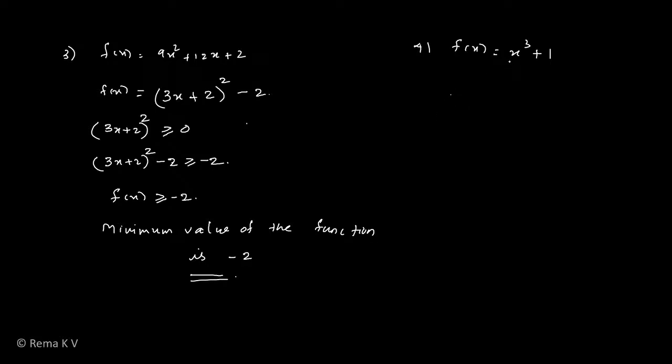And if we consider x as a positive number, then the value of f of x tends to positive infinity. If x is taken as a negative number, the value of f of x tends to negative infinity. And if we consider larger positive values for x, then f of x tends to infinity. So we can say that f of x has neither maximum nor minimum value.